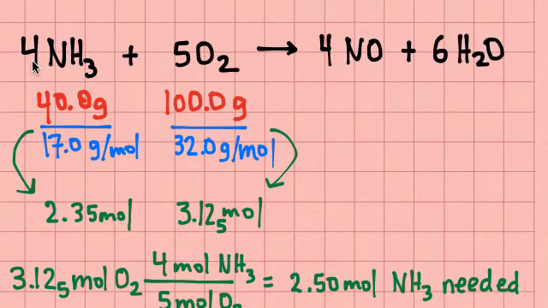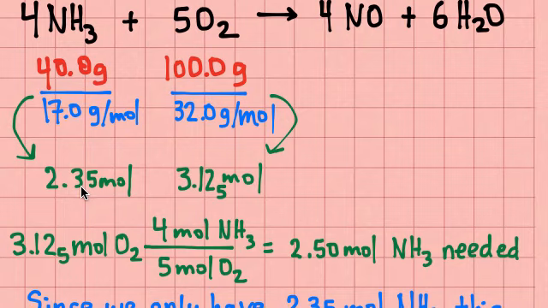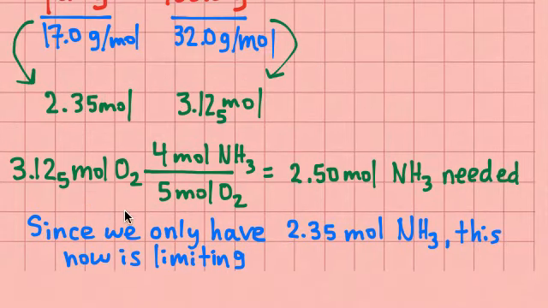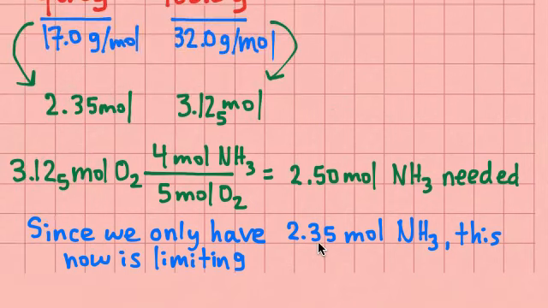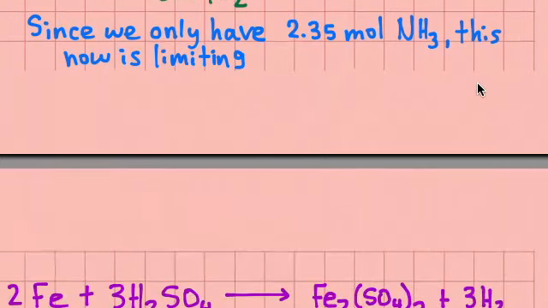I did this little conversion right here to say I wish I had 2.5 moles of NH3, a little bit more than 2.35. So if the NH3 is limiting, we can go with that, figure whatever other quantity we might like. If this were true, that 2.35 moles of ammonia would predict this, and it would also predict this, although I didn't bother to go through that calculation.